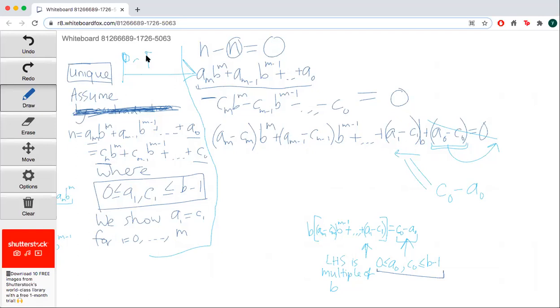Okay, so maybe I'll reframe the question. What are the possible values of a0 and c0 that can give us a multiple of b when we look at c0 minus a0?